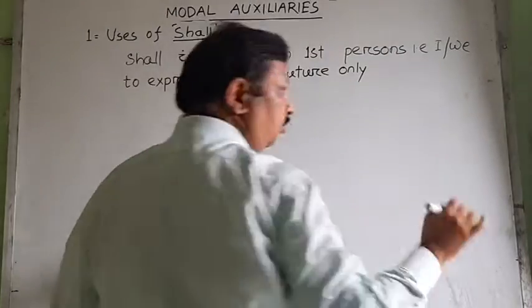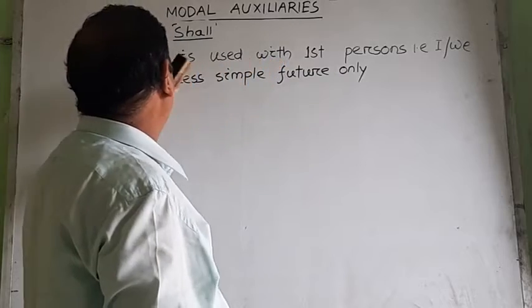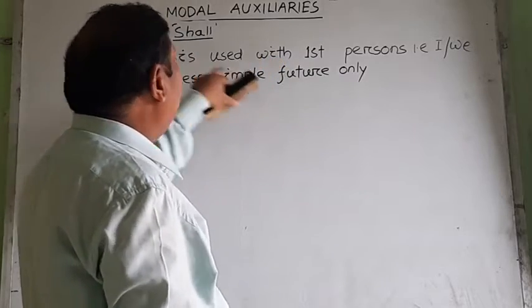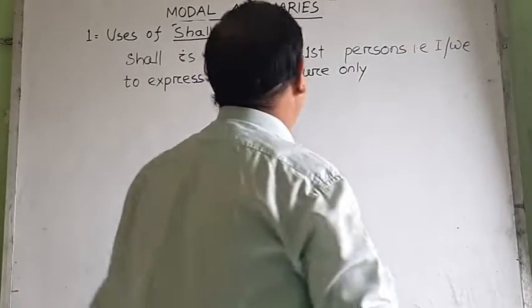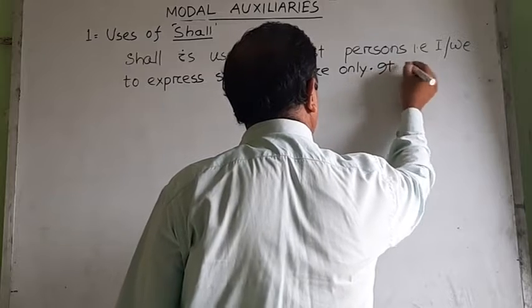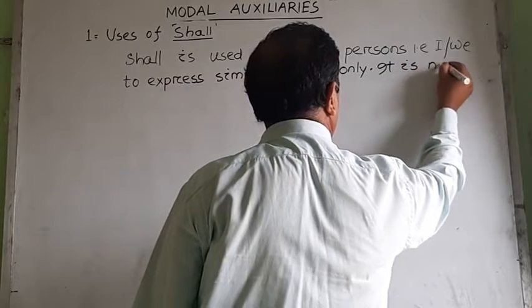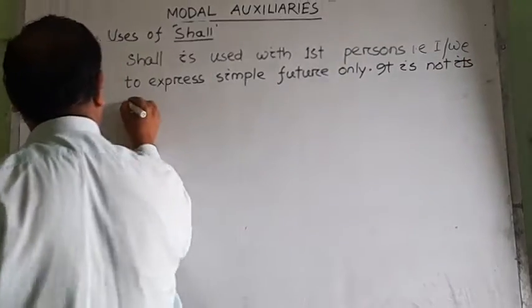Or it expresses only the futurity and nothing else. When shall is used with first persons, I and we, it is not its modal use. So we have to write here, it is not its modal use.